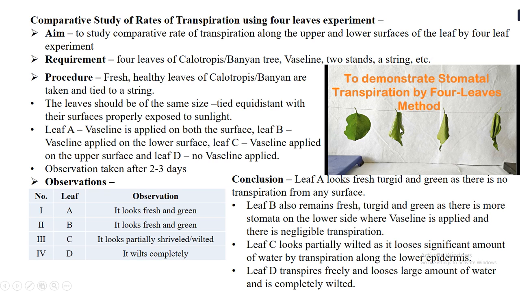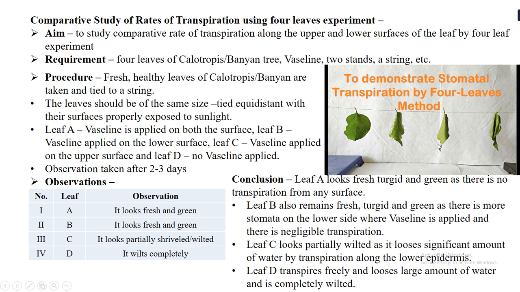And to our knowledge, maximum stomata are present on the lower surface. When we have applied Vaseline on the lower surface, that means we have closed or blocked the pores of the stomata on the lower surface. And so there was less transpiration and therefore comparatively even leaf B was fresh and turgid.